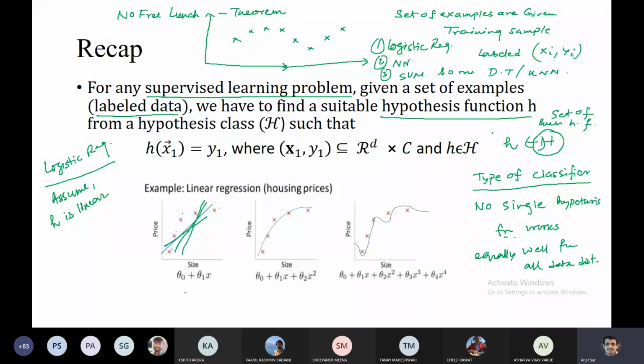And what is our job? We have to find the best hypothesis function h belonging to H. That's what we have to find. That is basically your learning, to try to find the best out of this. Here we assumed the hypothesis is linear.